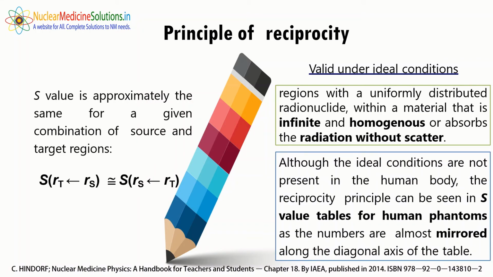Although the ideal conditions are not present in the human body, the reciprocity principle can be seen in S value tables for human phantoms, as the numbers are almost mirrored along the diagonal axis of the table.